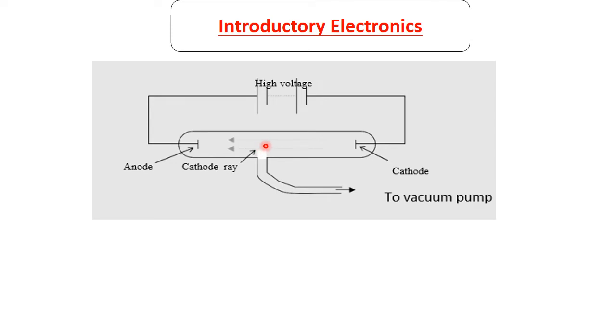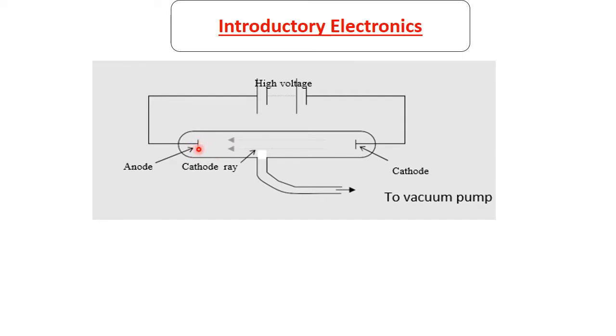When we have a vacuum here and this circuit is powered, it has been observed that electrons are emitted from the cathode, which is negative. Remember, electrons are negative, so when the circuit is not powered, they are abundant on the cathode. When they are emitted, the electrons flow to the anode.